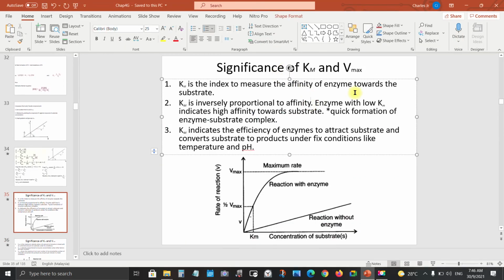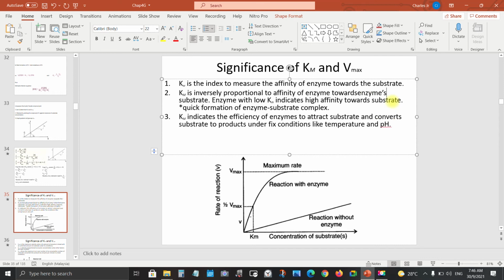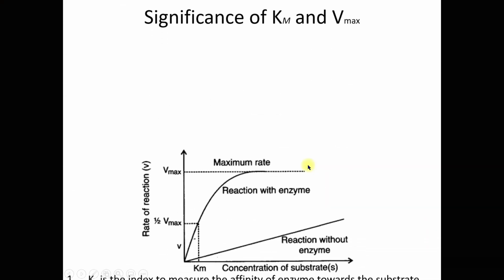That's why Km is inversely proportional to the affinity of the enzyme towards the substrate, right?